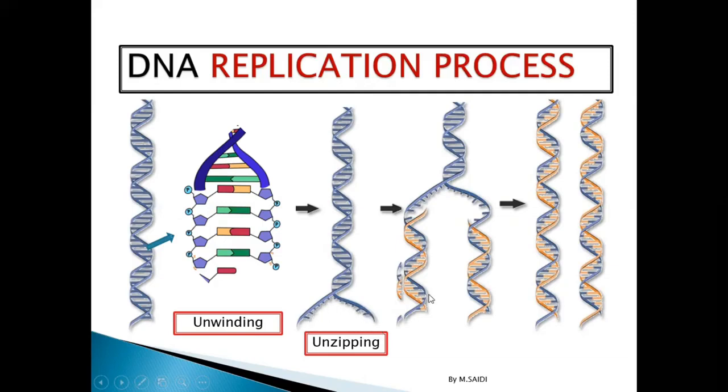Because I want to form two new DNA, each strand will act as a template for formation of a new strand. A template is like a mirror. The old strand acts as the object, and in the mirror you form another one which is the inverse. So this old strand will act as a template for formation of a new strand, and this one will too.